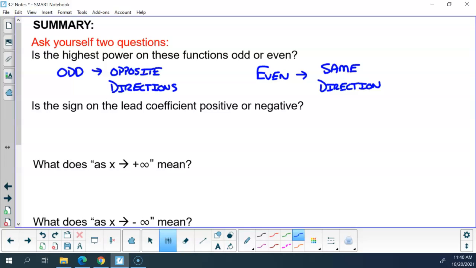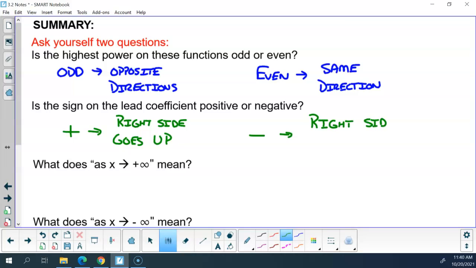If the lead coefficient is positive, then the right side will go up. If the lead coefficient is negative, the right side will go down.